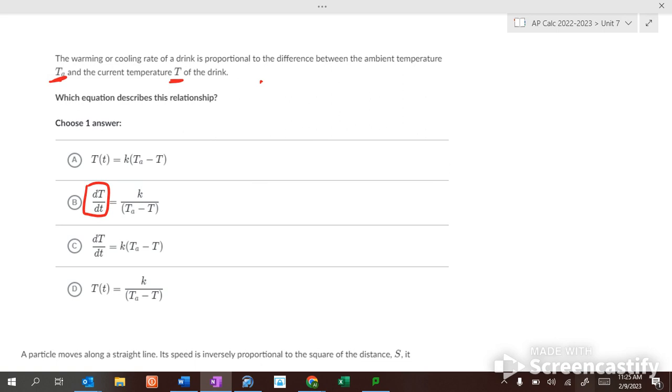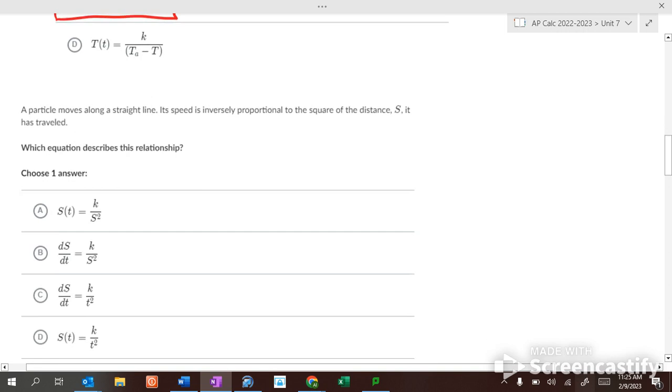If it's proportional, it's a direct relationship, and it's the ambient temperature minus the temperature. This is what's happening right now. This is the change in, so we want to use the change in.